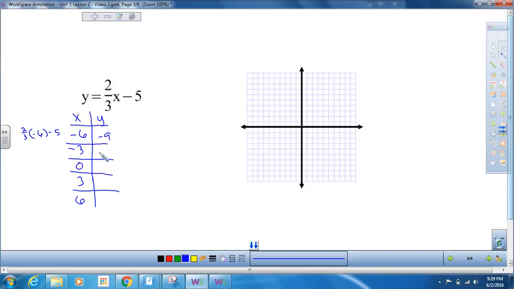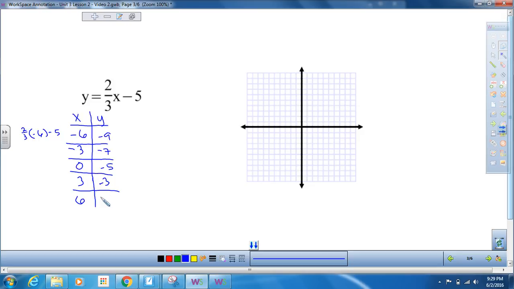Okay, here I should get negative 7. When I plug in 0, I should get negative 5. When I plug in 3, I should get negative 3.